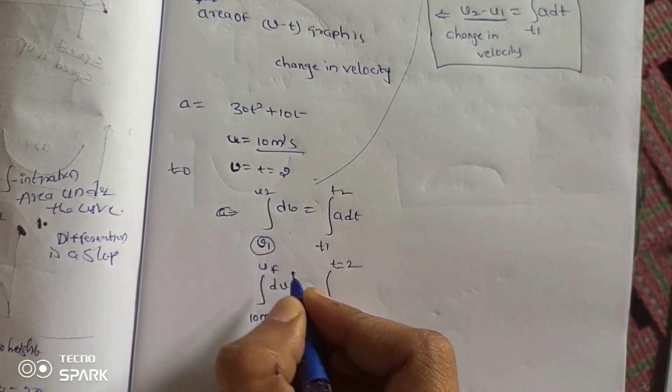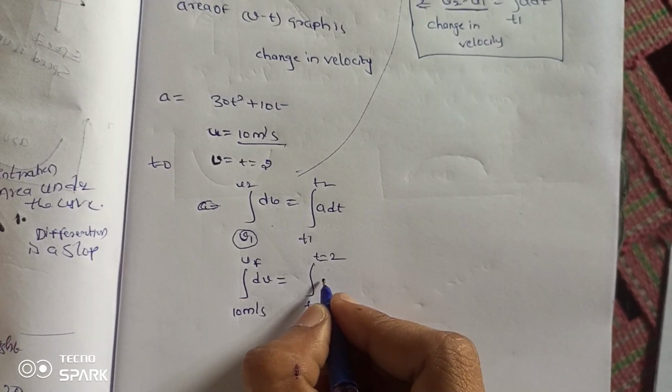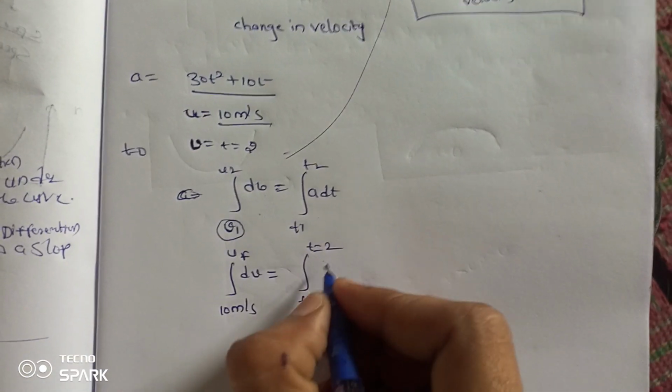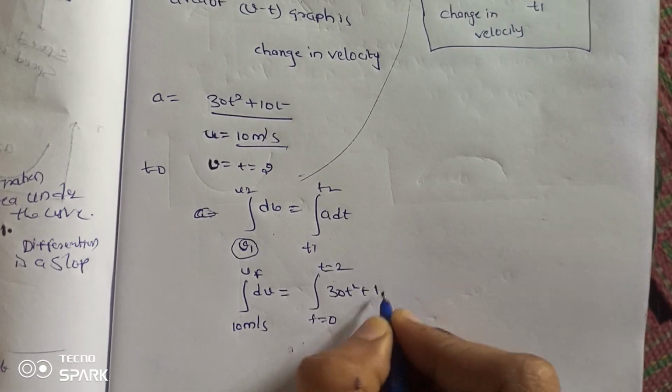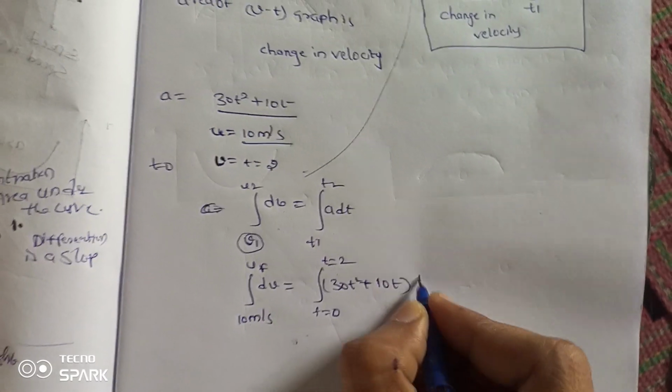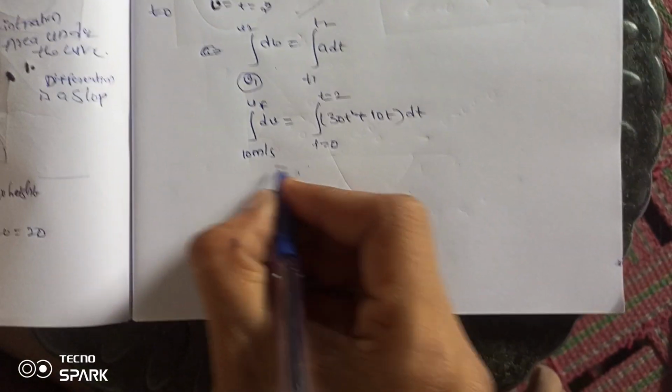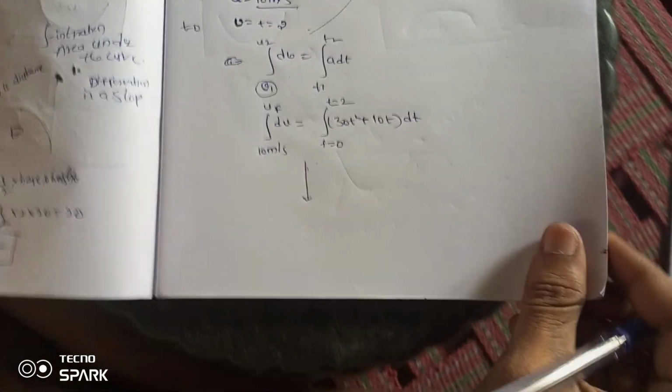How much is the final velocity? The acceleration is 30t square plus 10t into dt. You get it by integration. Make the process easy.